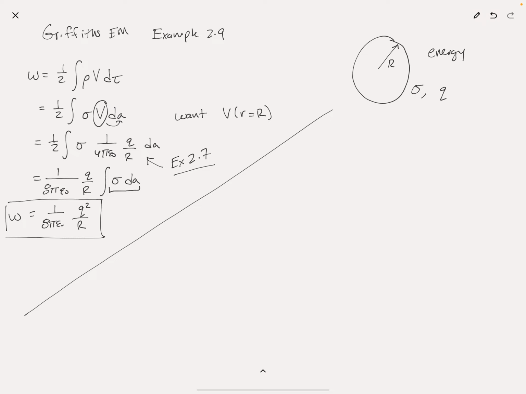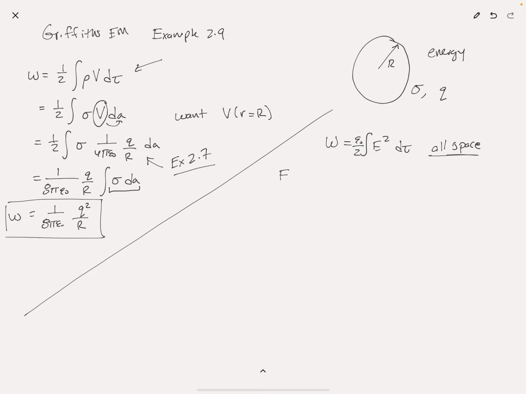Instead of integrating over the charge density times the potential, we can figure out what the electric field is, and then integrate the square of that over all space. So all space, our bounds are picked for us. We need to figure out what the electric field is throughout all of space so we can integrate appropriately.